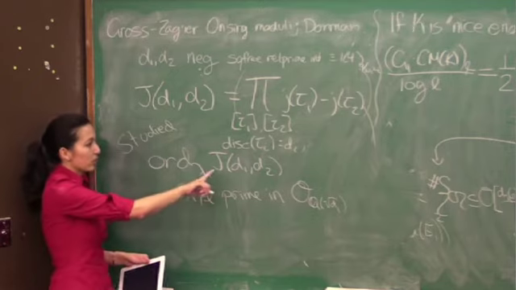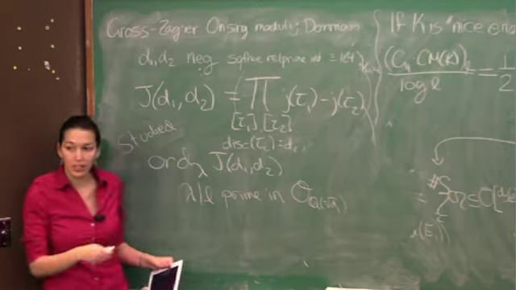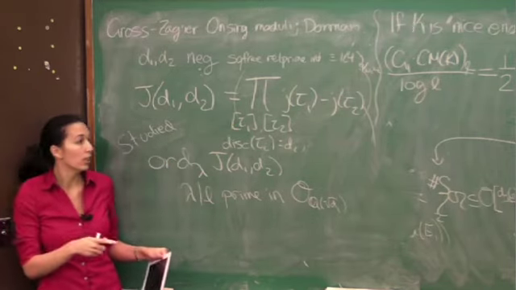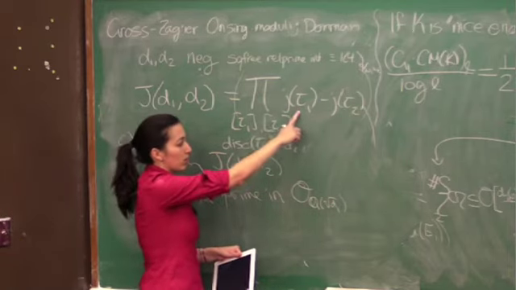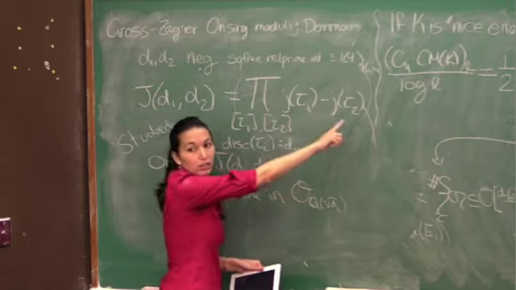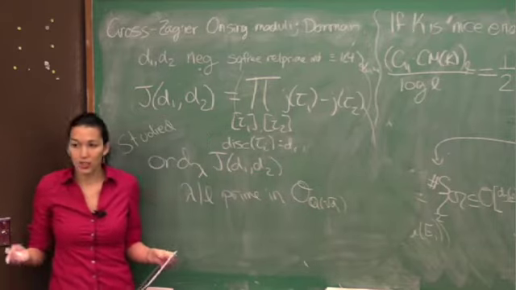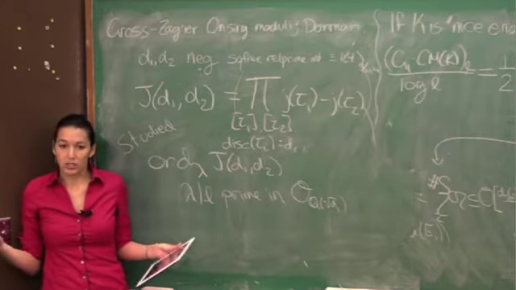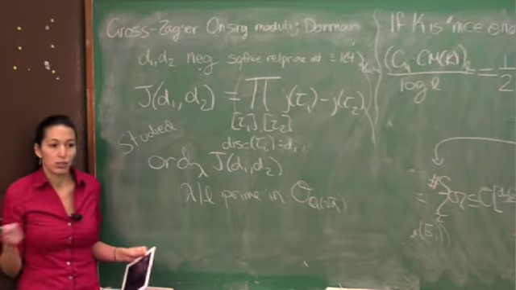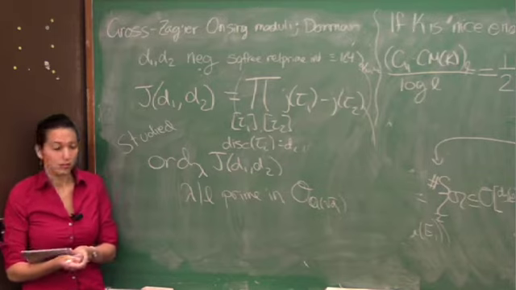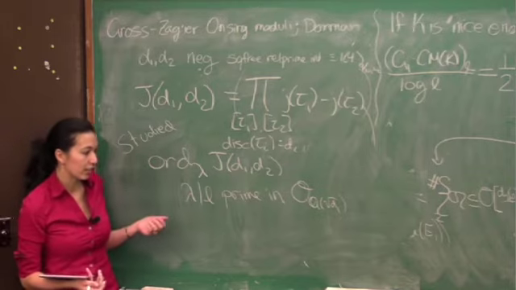Okay, so what is this telling you when l divides this quantity? It means you have an elliptic curve with complex multiplication by tau 1, and then an elliptic curve with complex multiplication by tau 2, and they have the same j invariant, so that means they're isomorphic. You're counting elliptic curves with complex multiplication by 2 different orders. Okay, so that's exactly what they're counting here.